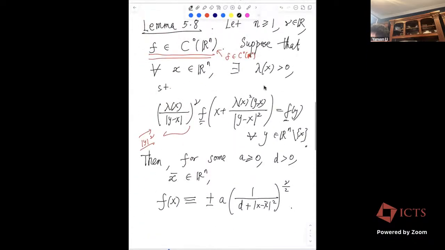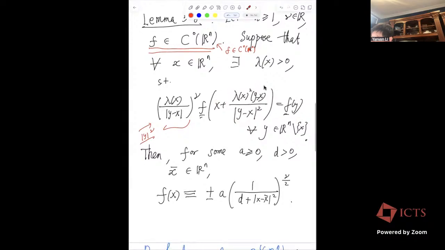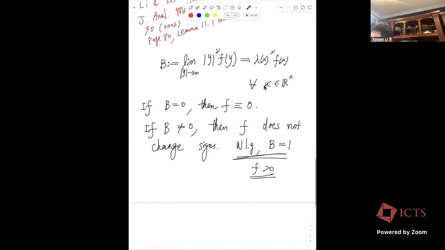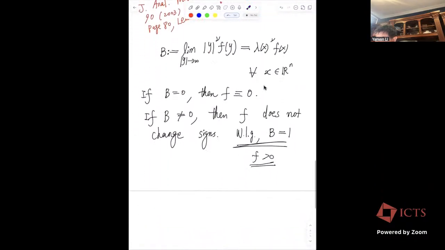So you look at this expression, and take large y. If you take large y, you can make an expansion. This goes to zero, but you can write it properly.